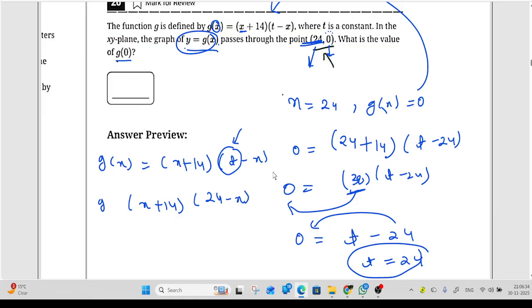This is my g of x. Now it is asking to find g of 0. So in place of x I'm going to put 0. This becomes 0 plus 14 times 24 minus 0, which is just 24. So 14 times 24 is going to be my answer, which is 336. So g of 0 is 336.